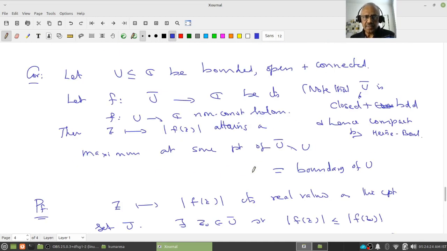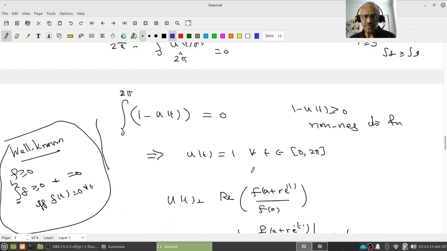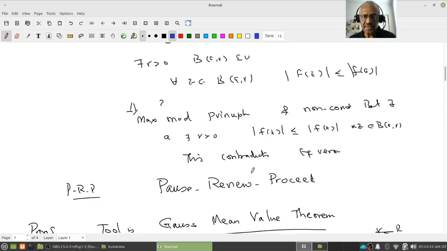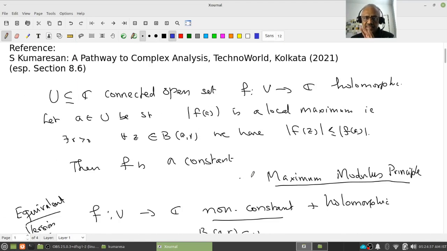But remember, this is a corollary. So whenever I say maximum modulus principle, do not think of this corollary. You should always think of the version which we stated. What did we say? If I have an open connected set and a holomorphic function, and if mod f attains a local maximum at a point a inside U, then f must be constant.